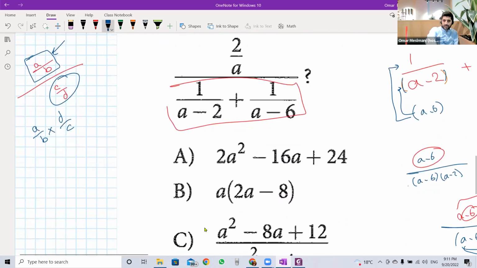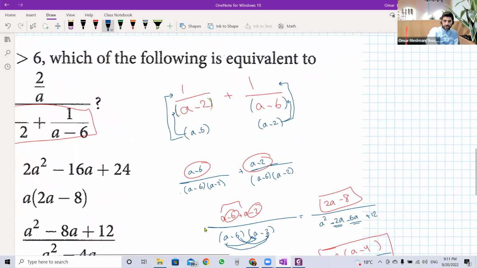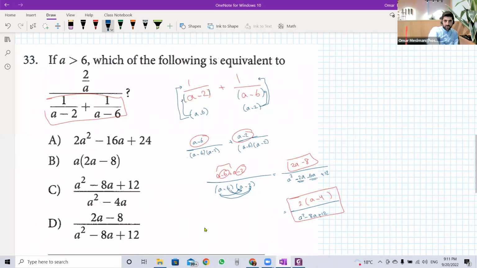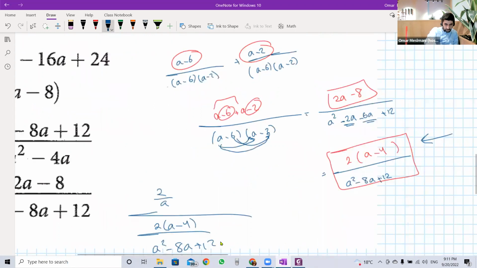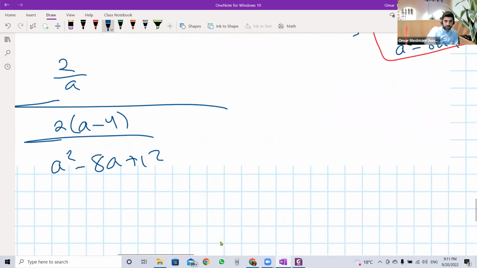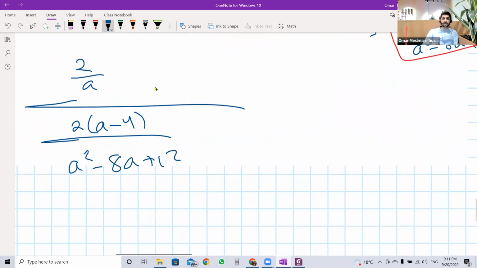So now instead of this, I'm just going to do this. Instead of the denominator, I will write the one I found. So I'm gonna say 2 over a divided by, and instead of all of this, I will write its equivalent, 2 times a minus 4 over a squared minus 8a plus 12. Once you have a fraction over a fraction, the numerator fraction, keep it the same.